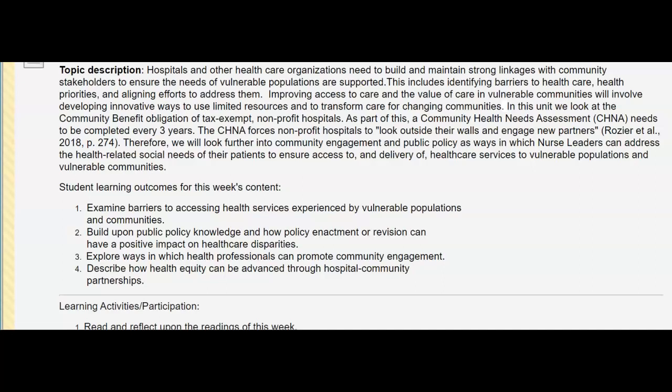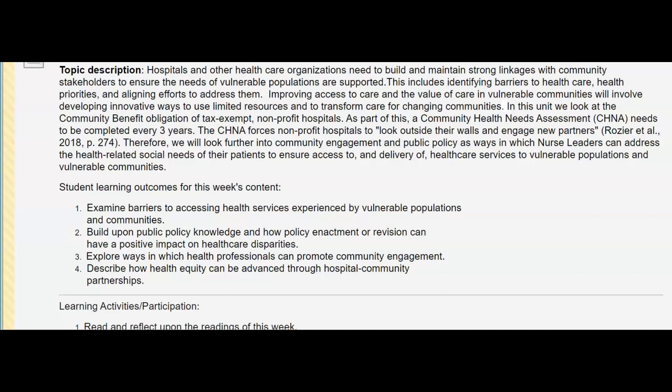We're going back to the social determinants of health, and we're looking at healthcare disparities as a quality and safety priority. We know that social determinants of health is more population focused, and when we're assessing our patients that we're serving, we're really looking at almost the same, but they're using the terminology health-related social needs.